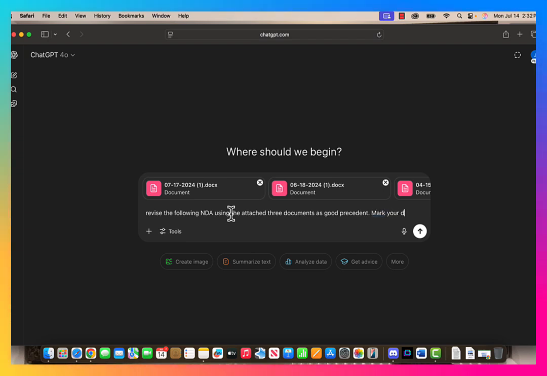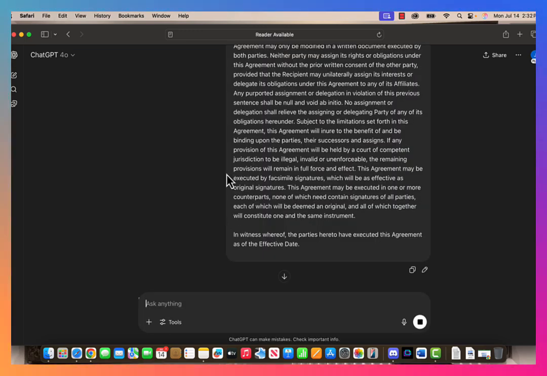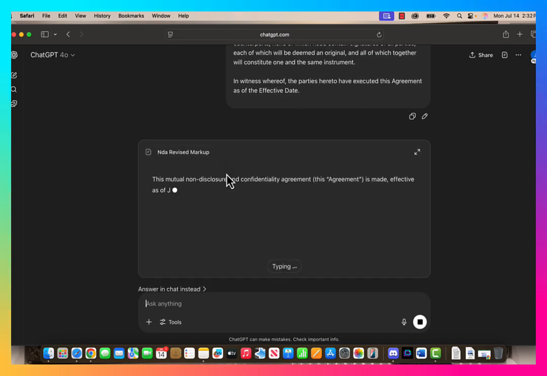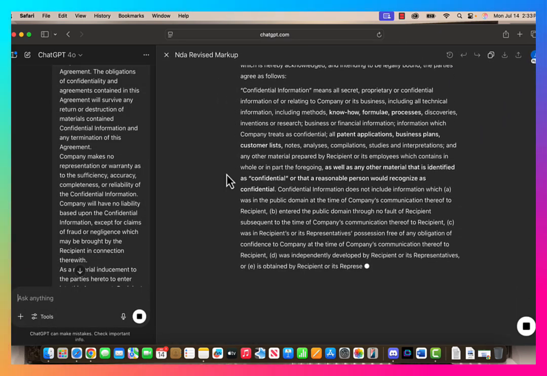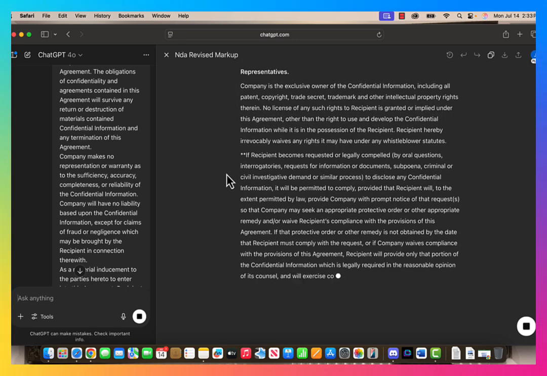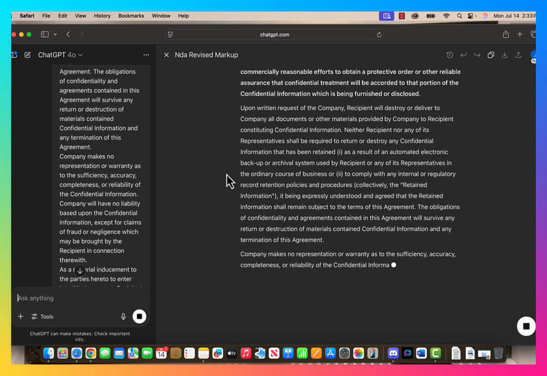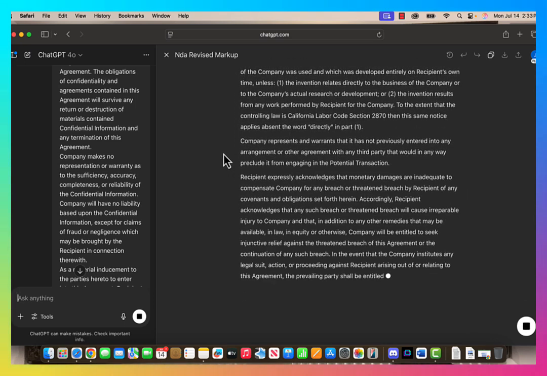Mark your deletions in strike through and your additions in bold. Here is the NDA. Okay. Alright, so it's going to generate some outputs, and I'm going to put all of these outputs into a table so it will make it easier to compare, and we'll be right back.